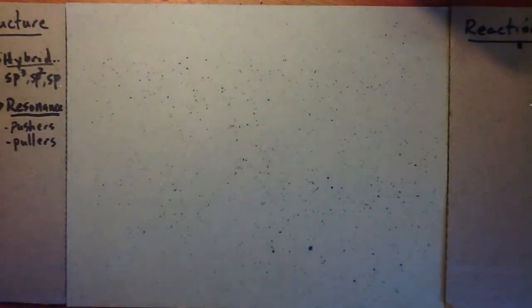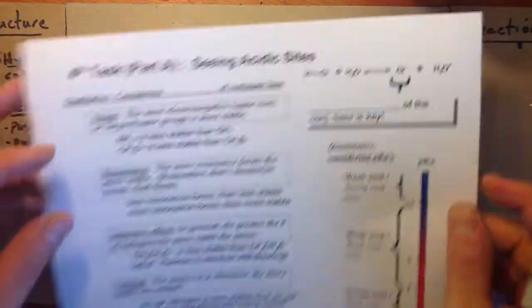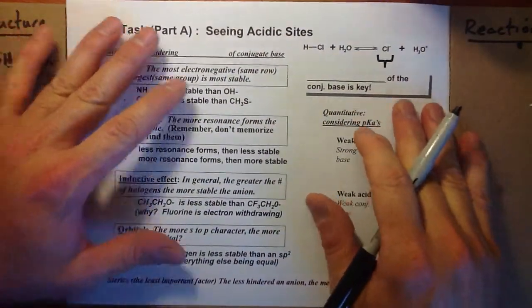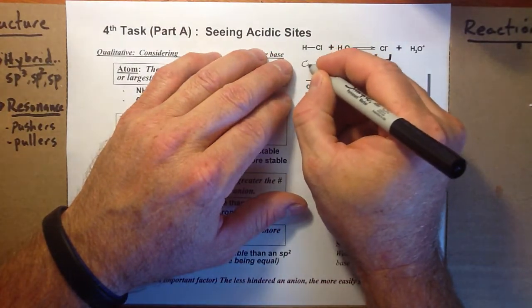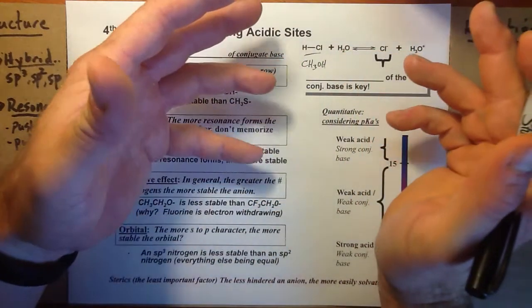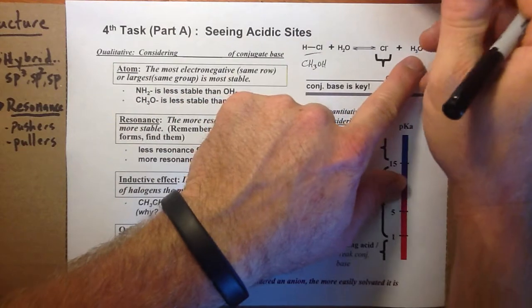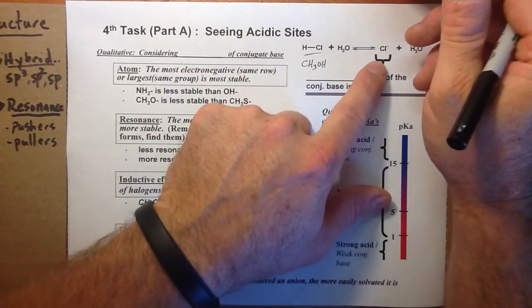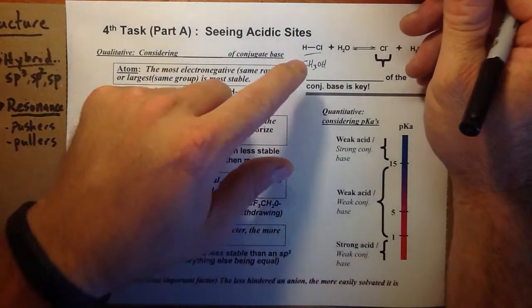All right, the last two pages are going to look at more of a qualitative view of the acidity of a molecule. I know we have HCl, but we could consider just methanol, anything, as a possible molecule that interacting with water dissociates to make some of the conjugate base from this acid.